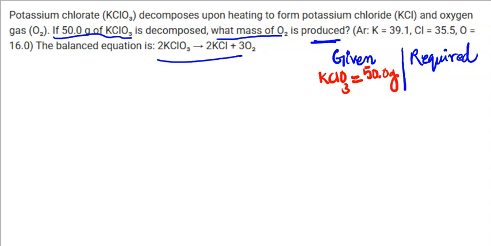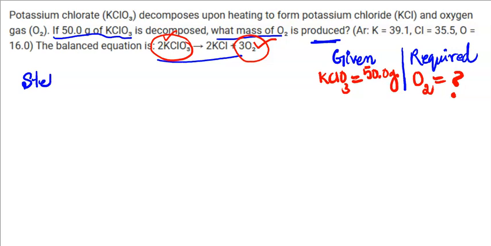Now, what is required? You just need to calculate the mass of oxygen, that is question mark. Now, you are provided the mass of this and you need to calculate the mass of this. So this is your equation, right? In this equation, you are dealing with two things and you can get the answer if you know the moles of KClO3.